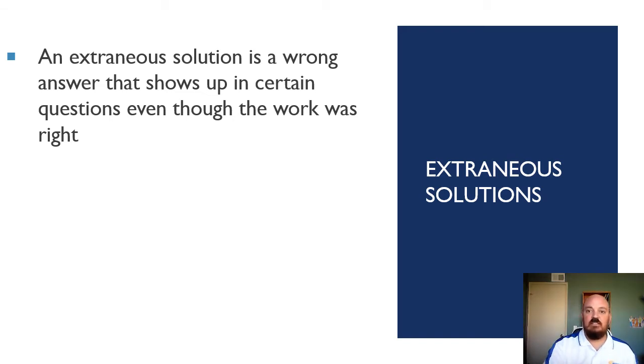For example, if I said -1 equals 1, then you'd go, no, that's not true. And you're right, it's not true. But if I square both sides of the equation, now you get 1 equals 1, and it's true. So squaring an equation can take something that's not a true equation and make it look like it is a true equation. That's where extraneous solutions come from.